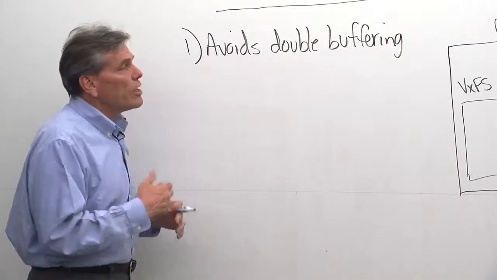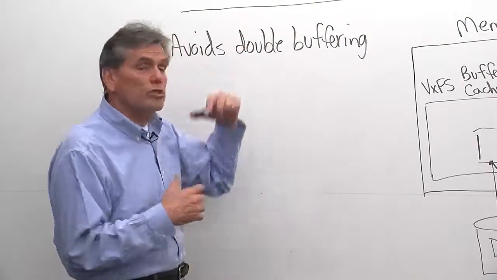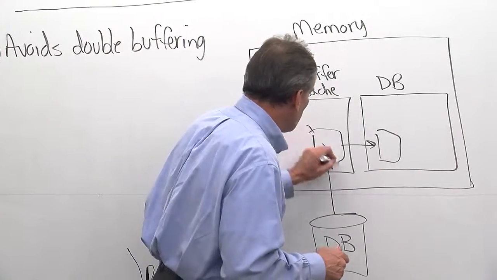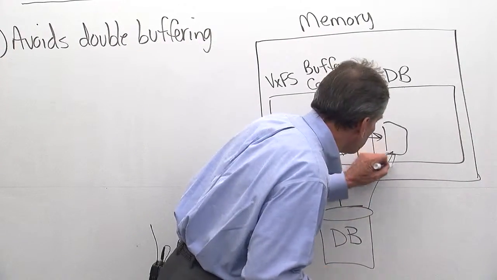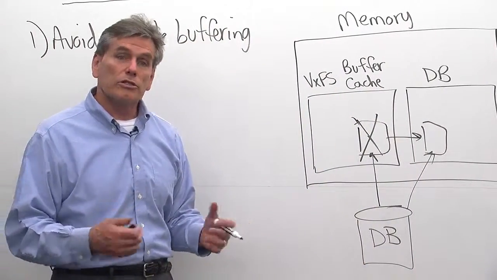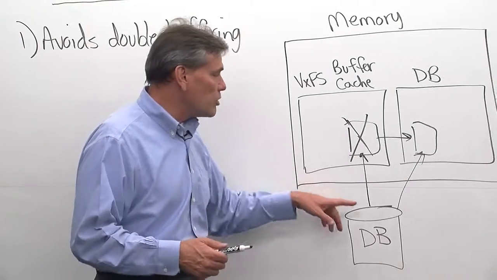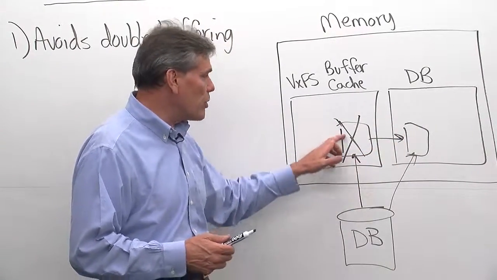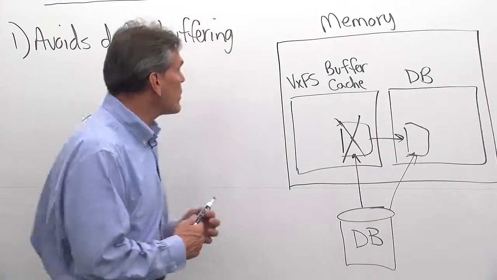So when you have a file system that's got a database in it and it's used with CIO, instead of this scenario, we bypass our file buffer and we go straight to the database's memory area. So instead of having two copies, or a double buffer, which not only wastes memory but actually slows things down because we have to write it here, then write it there, we go straight to the database's memory area.